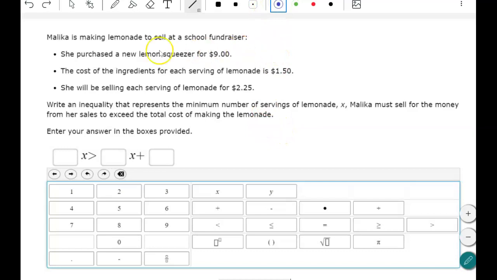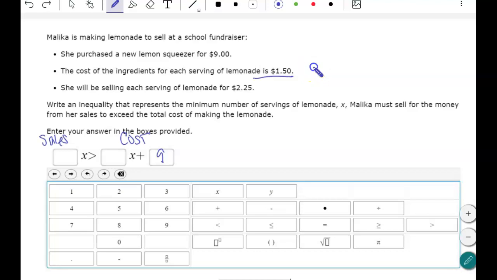Okay, so let's see. This here is the cost of the lemon squeezer, so that's going to be just the plus 9. And the cost for the ingredients, this whole side here is cost. All right, and this is the money that she makes, her sales. She wants the sales to exceed the cost.